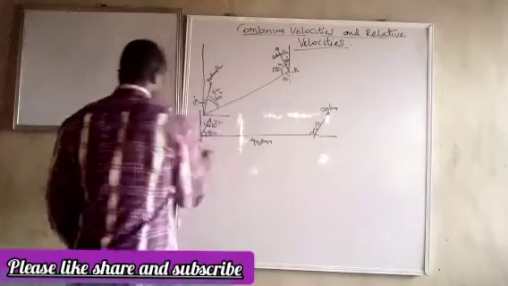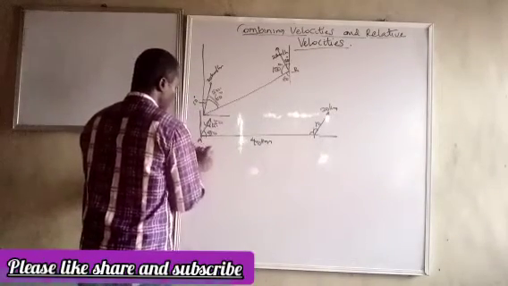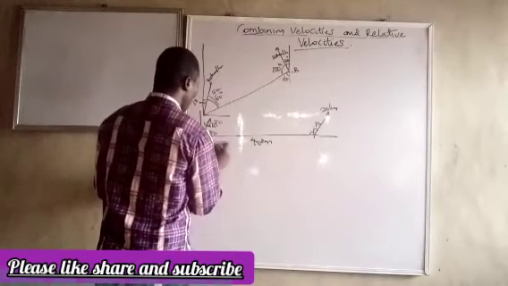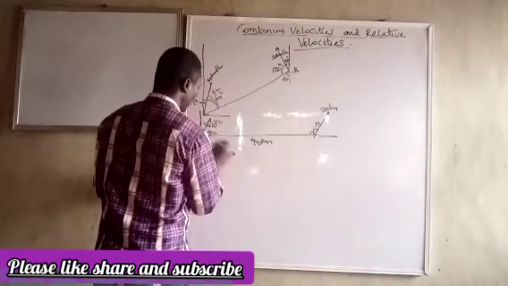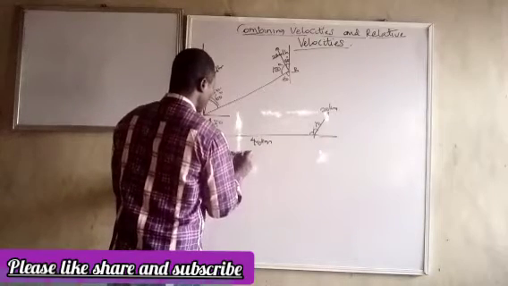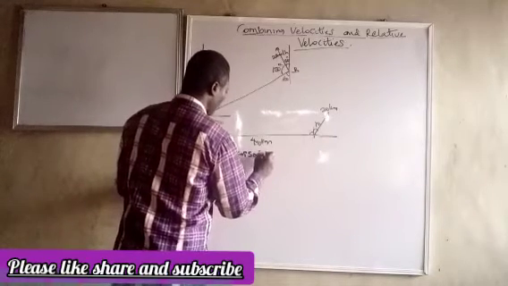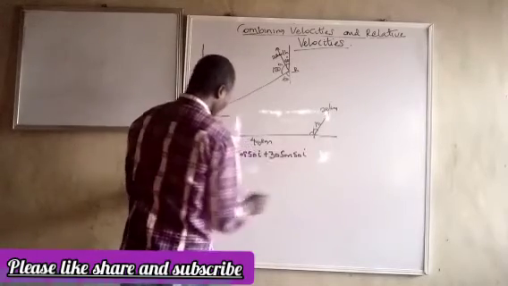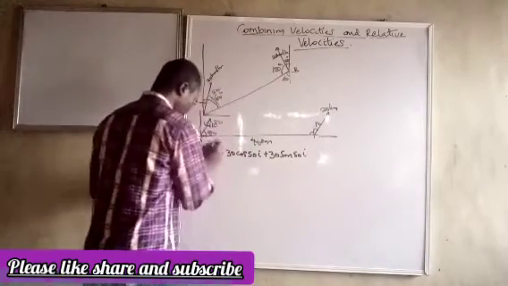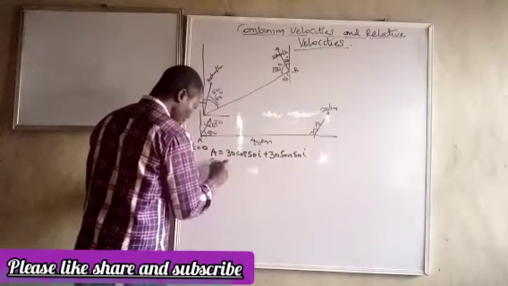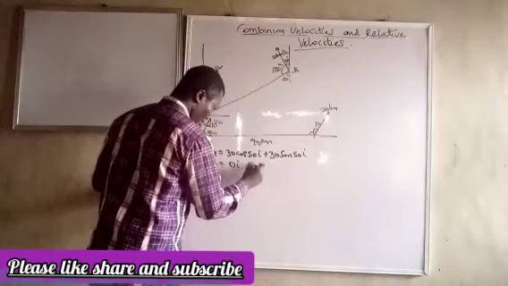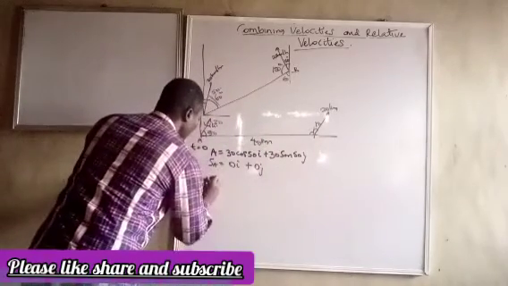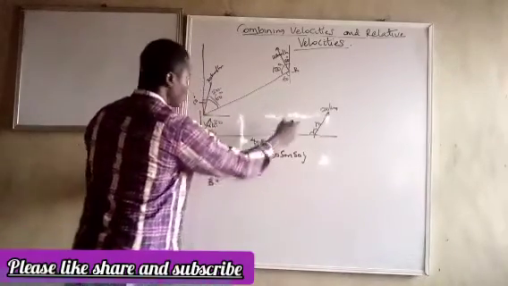Original position of A when t equals 0 is 30 cos 50 I plus 30 sin 50 J, and original position is 0. Position for B. What's B here?